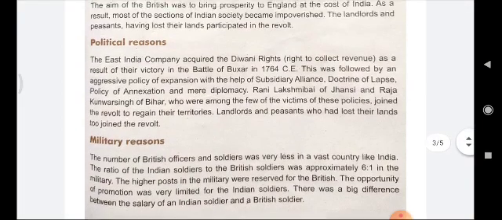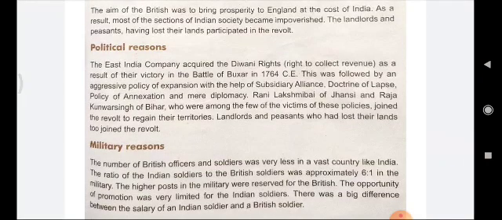Rani Lakshmi Bai of Jhansi and Raja Kunwar Singh of Bihar, who were among the few victims of these policies, joined the revolt to regain their territories, that means to get back their territories.